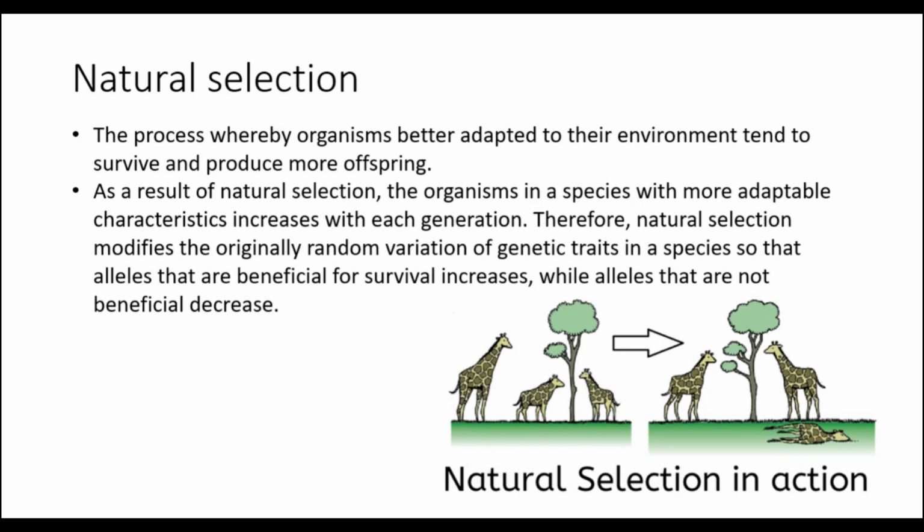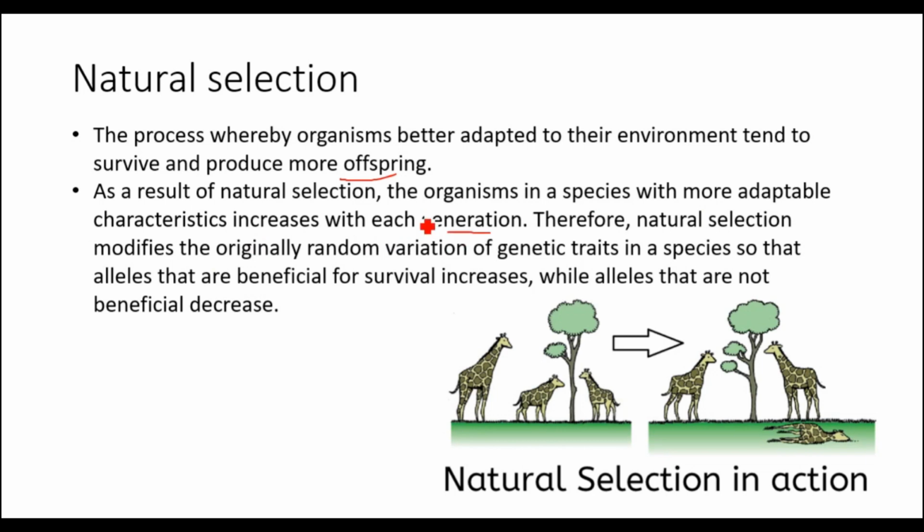Then we have natural selection, the process whereby organisms better adapted to the environment tend to survive and produce more offspring. The organisms in a species with more adaptable characteristics increase with each generation.